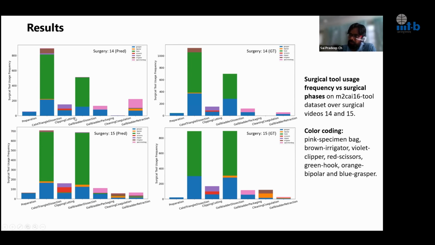During gallbladder dissection, if there is a small cut, there is a possibility of cleaning and coagulation happening for a few seconds inside this phase itself. But those labels are not available in the ground truth.